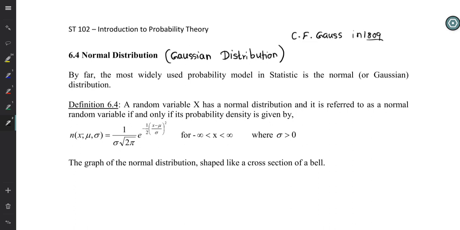Now, the normal distribution is the key distribution in statistics, because most of the theories are developed assuming that the random variable follows the normal distribution. The reason is, if you consider a huge amount of data, that means if you think about a population, usually the averages have this normal distribution.